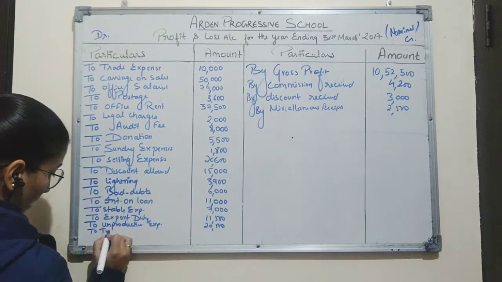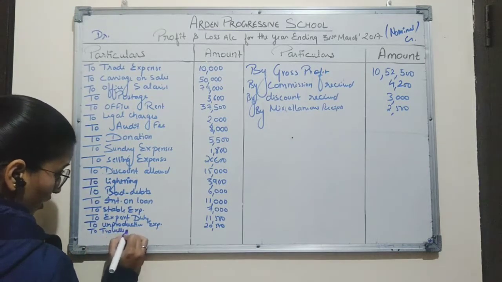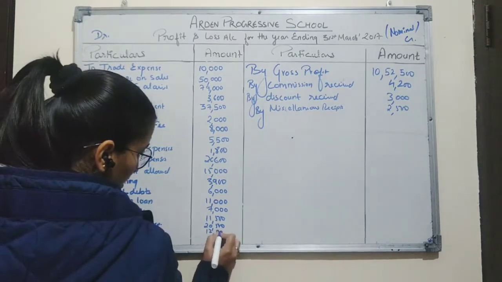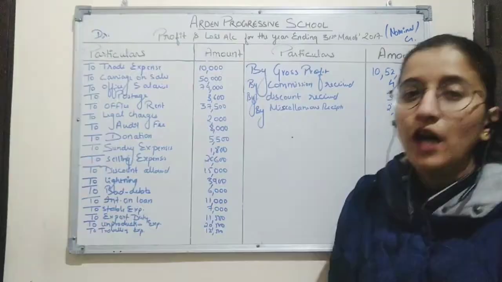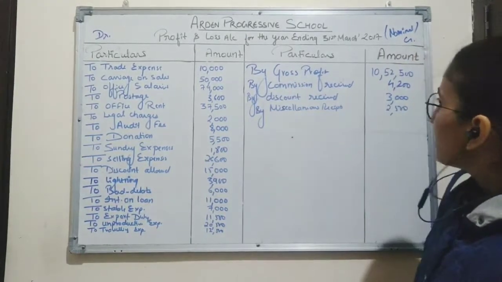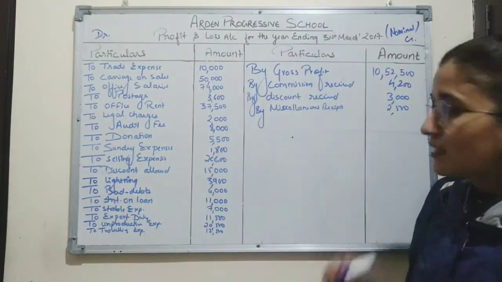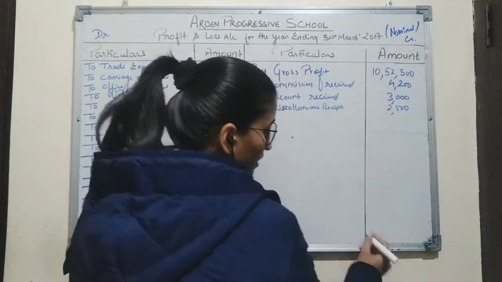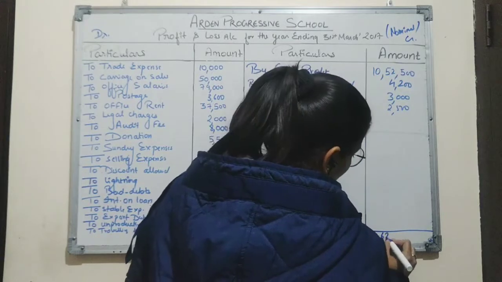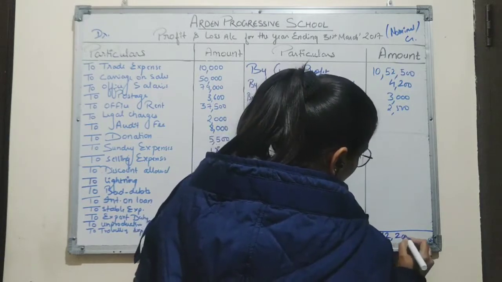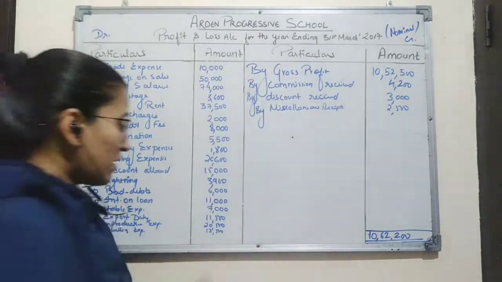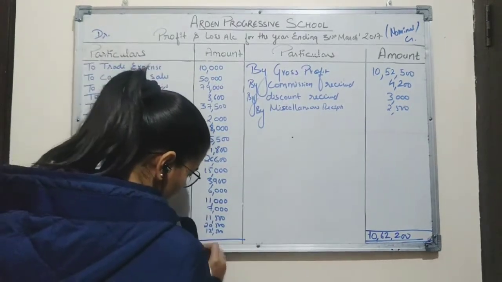To travelling expense 12,500. Now we will see which side is having greater value. So as we can see here, credit side is having a greater value with the amount 10,62,200. Now we will record the same amount on the debit side also.